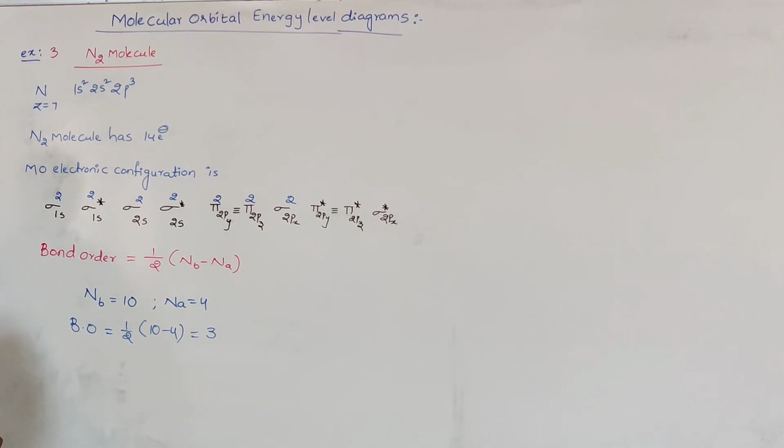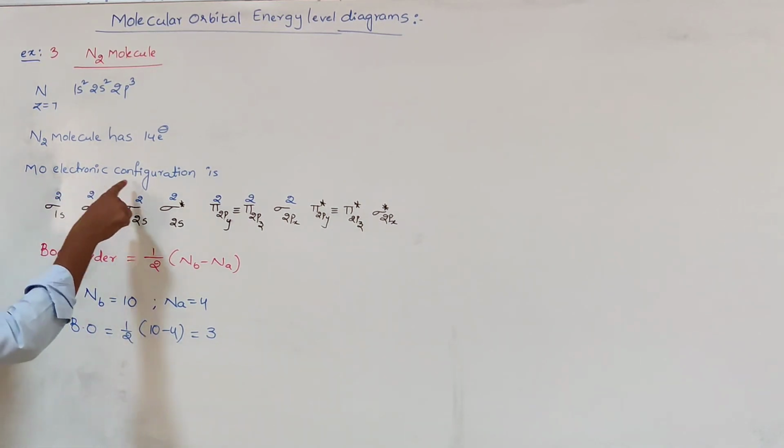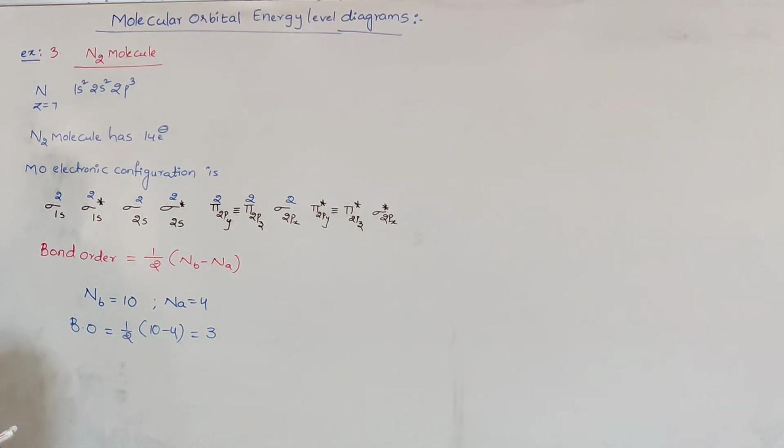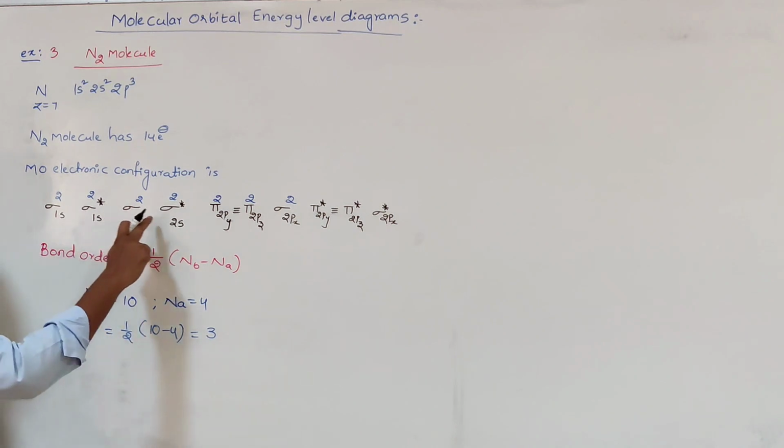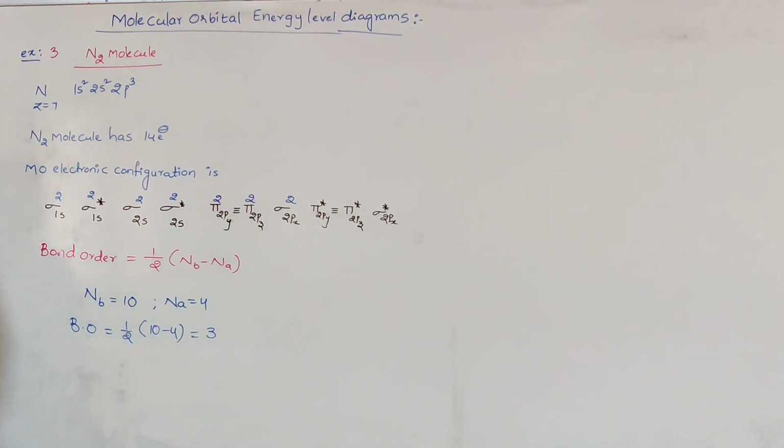When we observe the molecular orbital electronic configuration, nowhere is an orbital filled with a single electron. In every molecular orbital, 2 electrons are present. That means all are paired electrons.